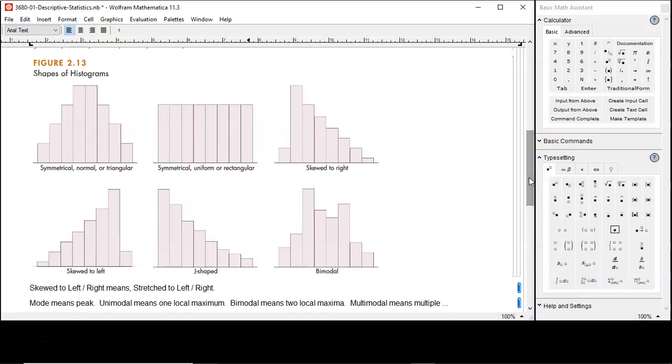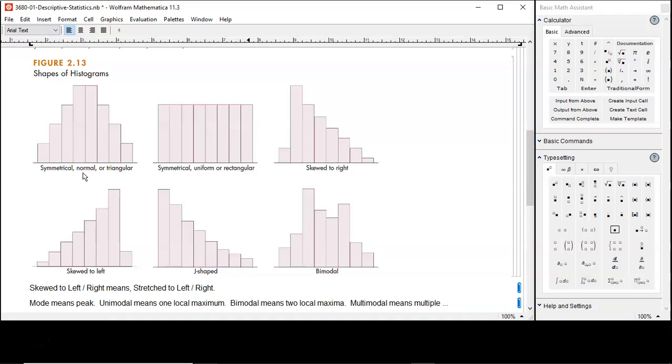Alright, one further question. Now let's look at the symmetrical histogram, and can you pretty much guess where the mean is? Well, that's easy. Mean must be right in the middle. Okay, alright. And where do you think is the median?